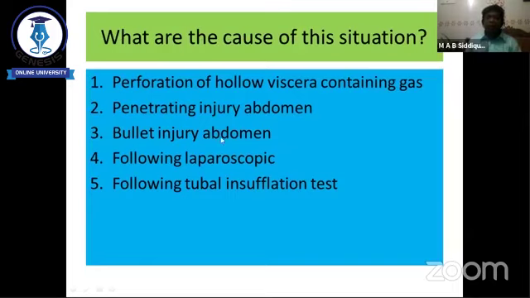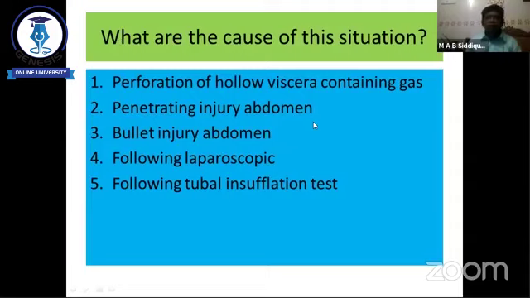Another cause that is not pathological is following laparoscopy or laparotomy. Following laparoscopy and laparotomy, there is a gas shadow under the right dome of the diaphragm, but the gas takes 5 to 7 days to reduce.